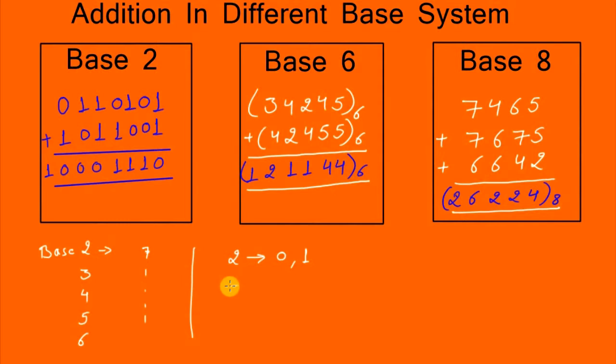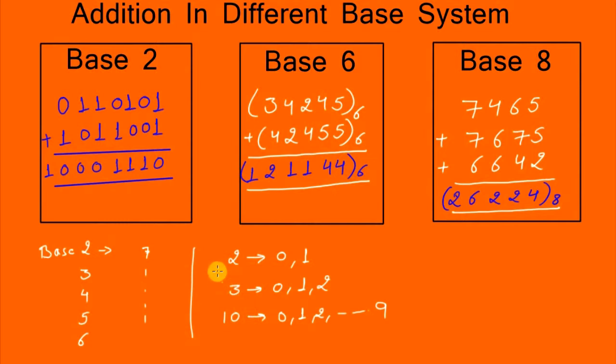If I have base 3, it can have 3 digits, 0, 1, 2. It cannot have any digit other than these 3. Same way, in day-to-day life we use base 10, so it goes from 0, 1, 2, up to 9. That is the meaning of base.